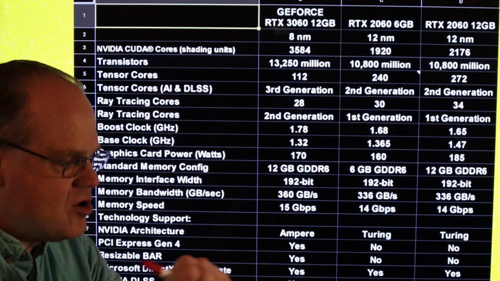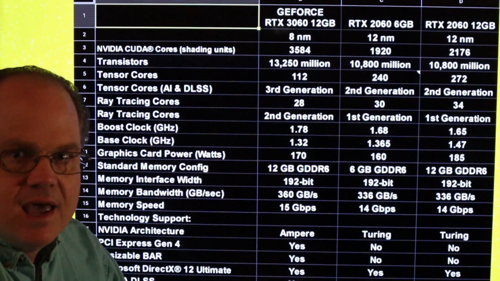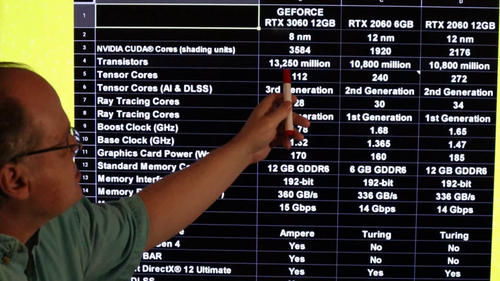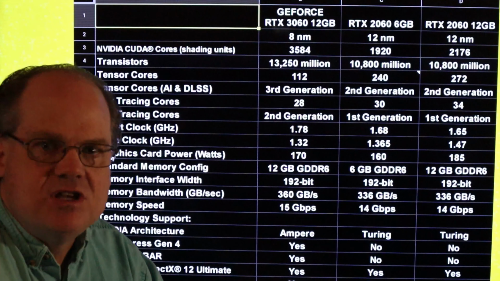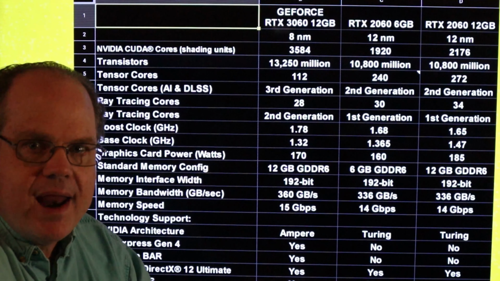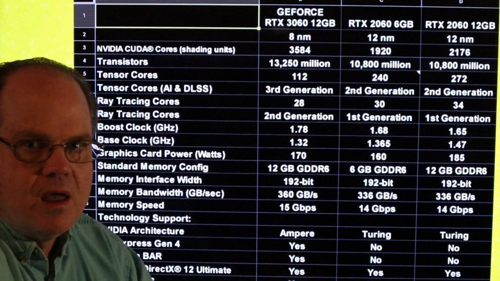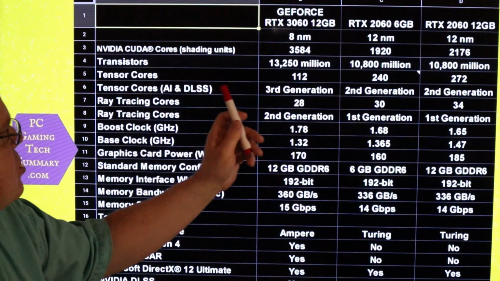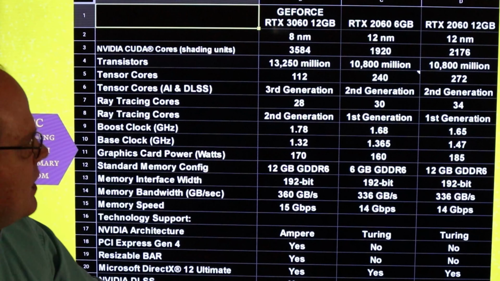When they're smaller, you can have more going on and it's more efficient. So, transistors: 3060 12 gigabyte, 13,250,000. You're looking at 10.8 million for the 2060s.